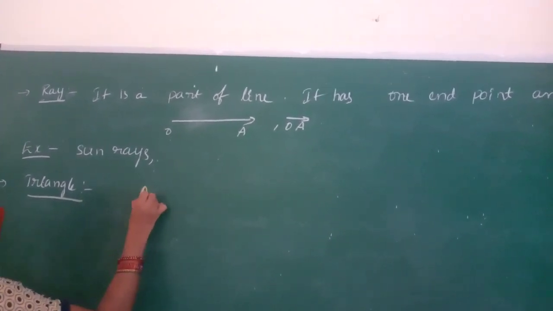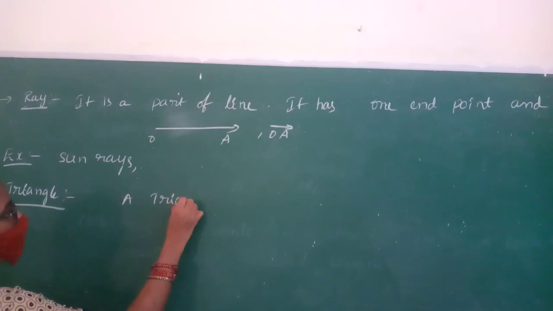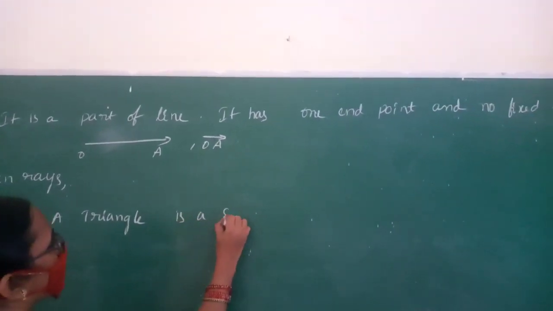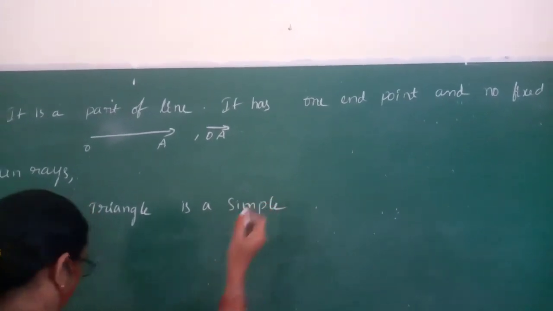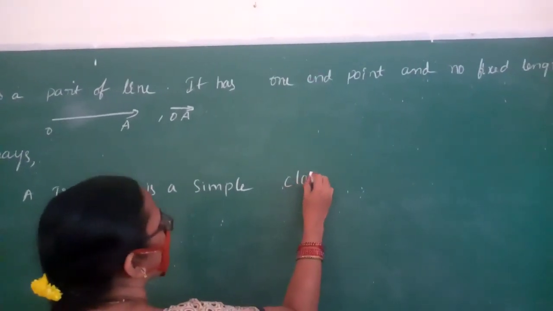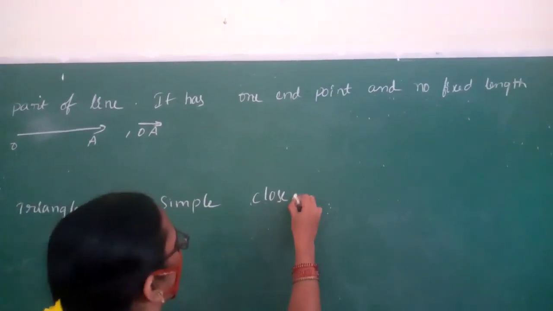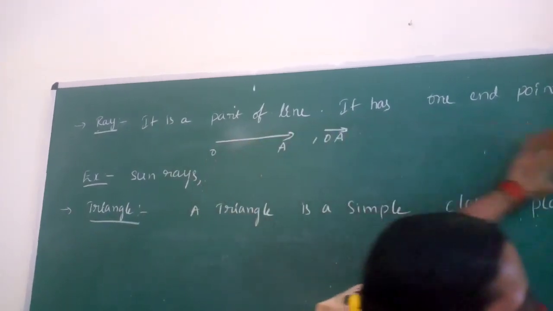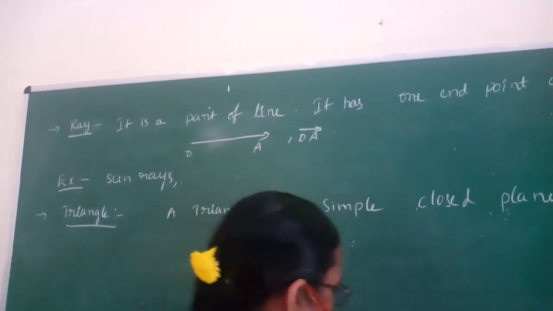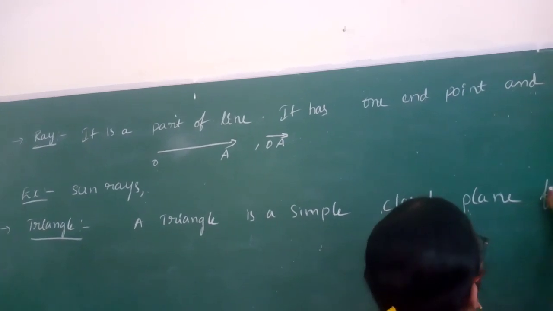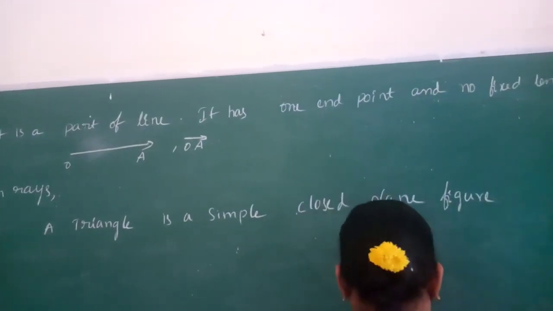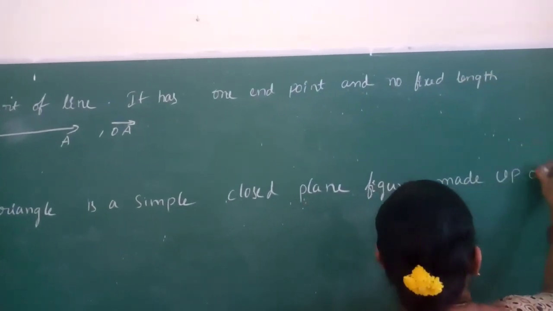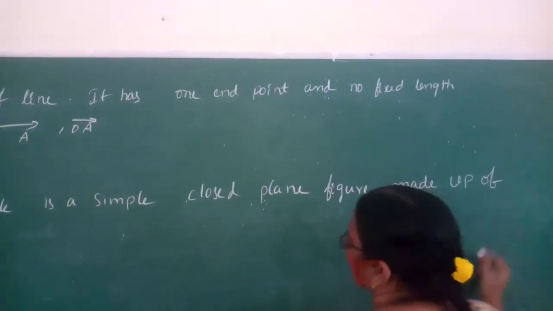A triangle is a simple closed plane figure made up of 3 line segments.